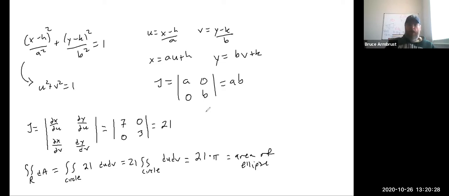So then our area is going to be ab times this integral over the circle. And we already know that the unit circle is area pi. And check it out. There's the formula for the area of any ellipse.